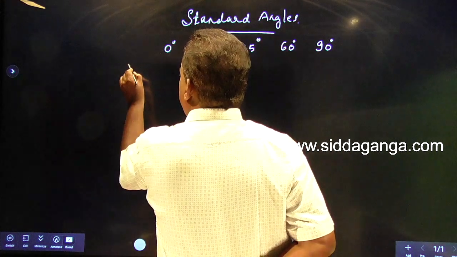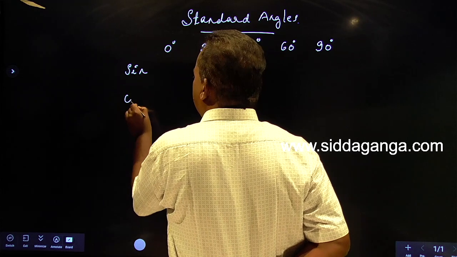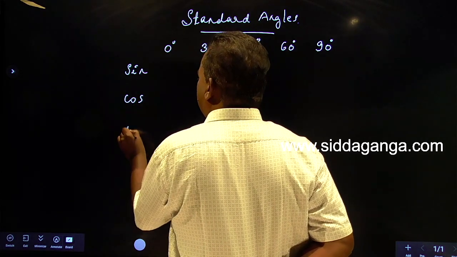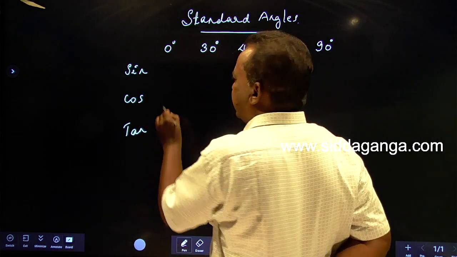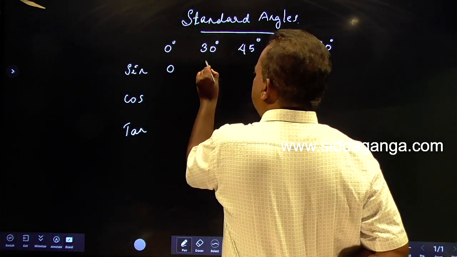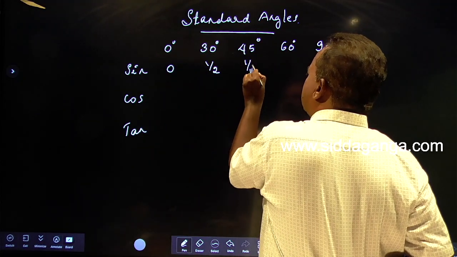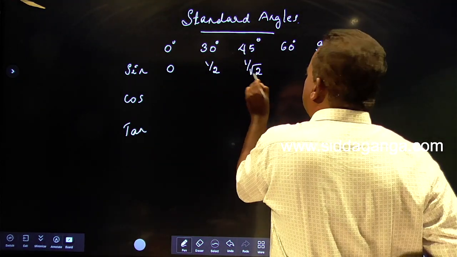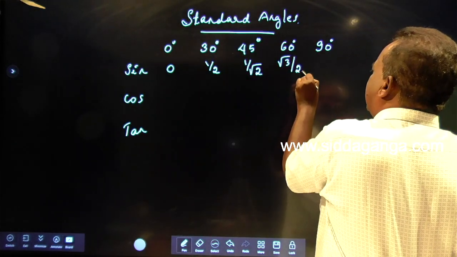As you know, the values of these standard angles, sine, cos, tan. Sine 0 is 0, sine 30 is 1 by 2, sine 45 is 1 by root 2, sine 60 is root 3 by 2, sine 90 is 1.